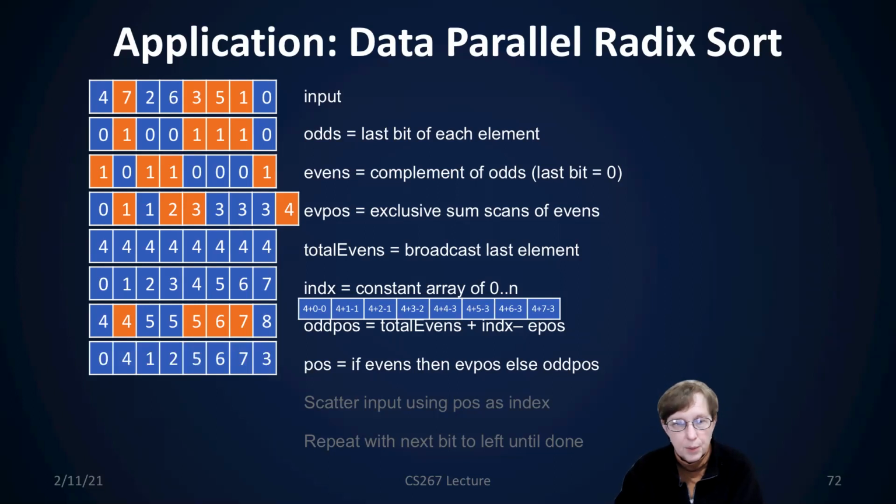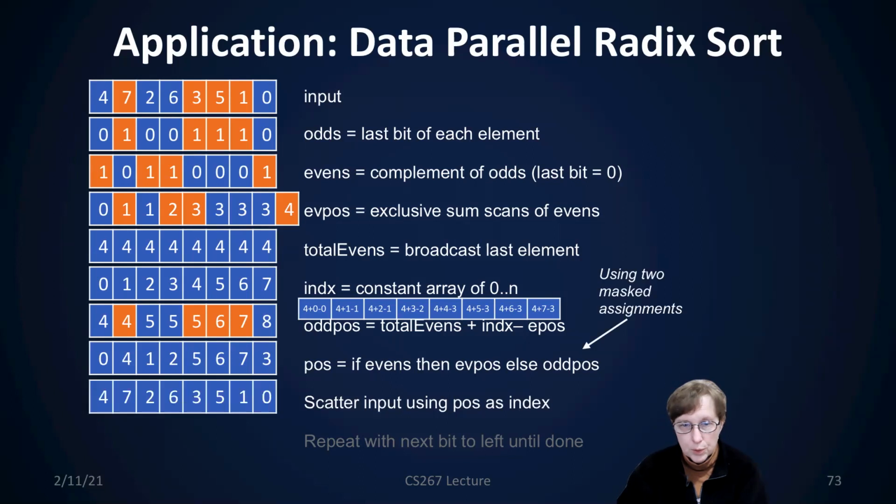And then we compute the pos array, which looks like a conditional here, but it can be done with mask operations in a pretty trivial way, by just saying, look at the evens array, use that as a mask, and then we'll write into the pos array either the evens pos or the odds pos. So doing 2 different assignments, both under the opposite mask.